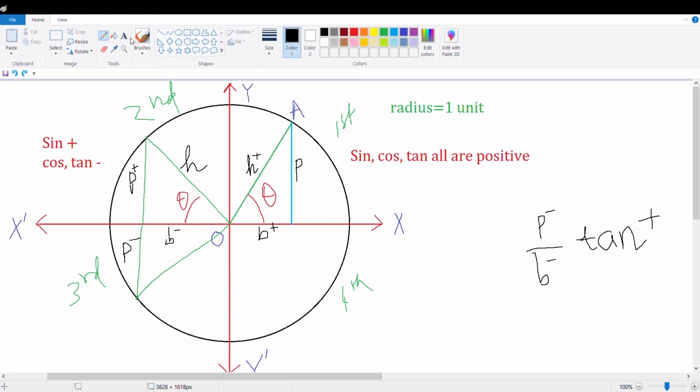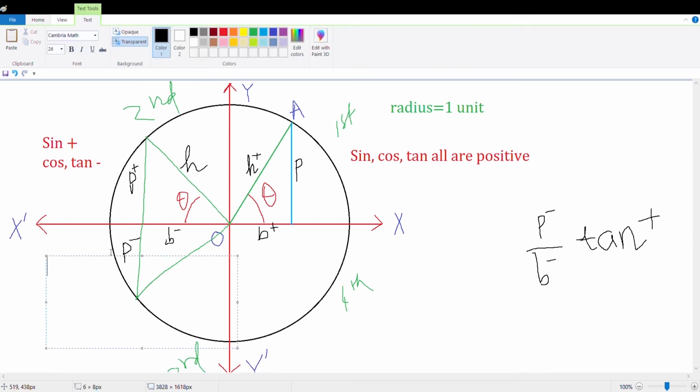So in third quadrant, tan positive and sine cos will be negative, because look, we know that sine means perpendicular by hypotenuse and cos means base by hypotenuse, so it will consist a negative value, right?